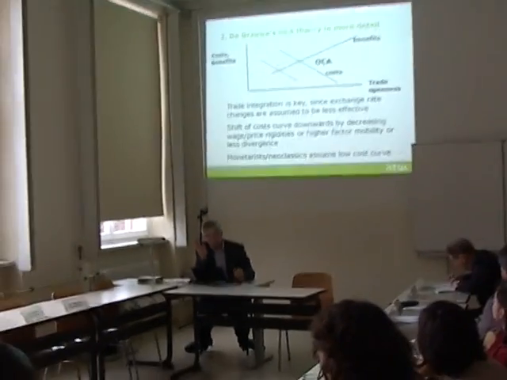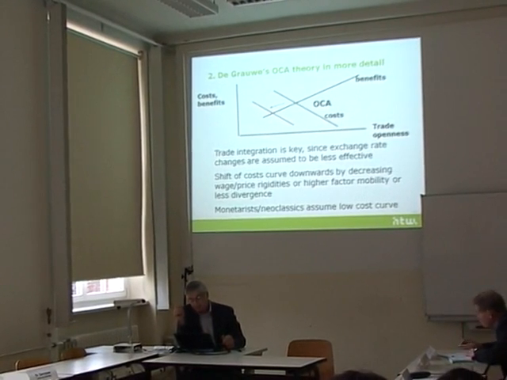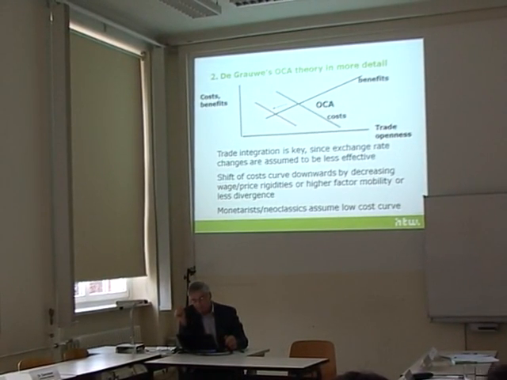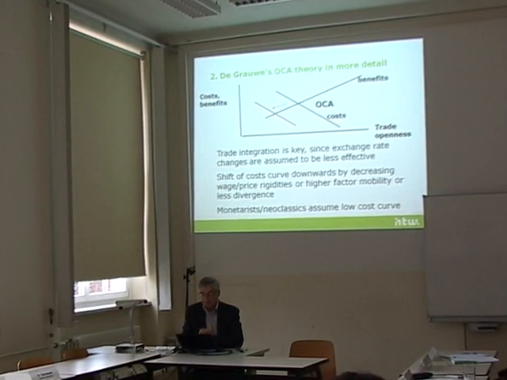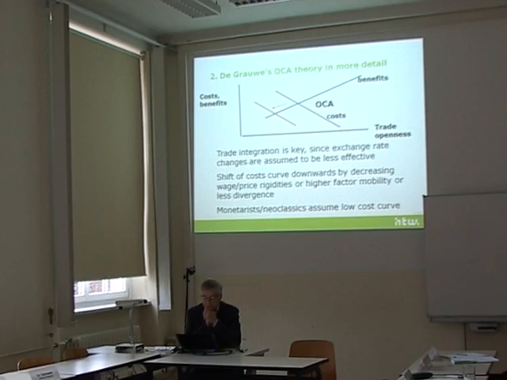On the ordinate, you have costs and benefits of an optimum currency area, and the main variable on the horizontal line is trade openness. And the more trade openness or trade connectedness you have between two or more partner countries, let's say for simplicity now, we're talking about countries, not regions, the more benefits you have and the less costs. Why this?